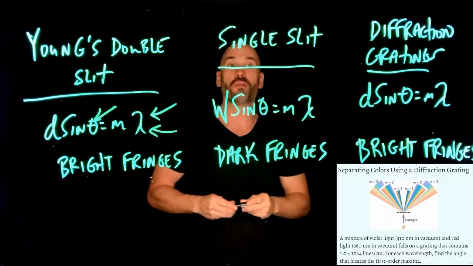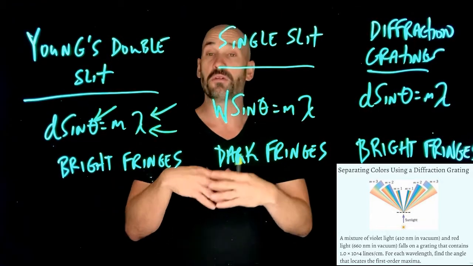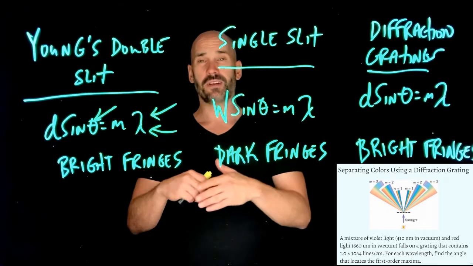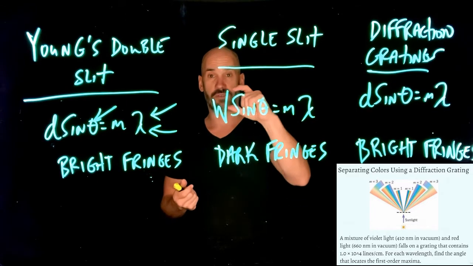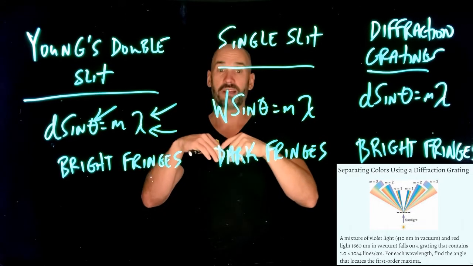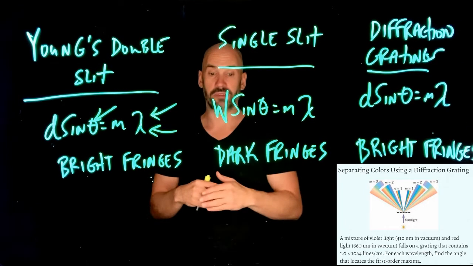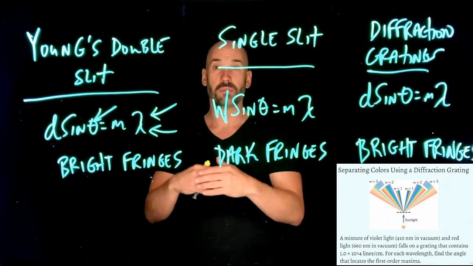And so you can also use diffraction gratings with white light to get a beautiful rainbow effect on the wall. If we had this class in person, I could show you a diffraction grating and show you how white light versus red laser light, for example, will separate into either a rainbow or just bright fringes of red light.